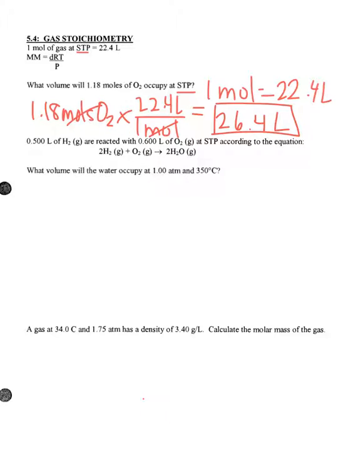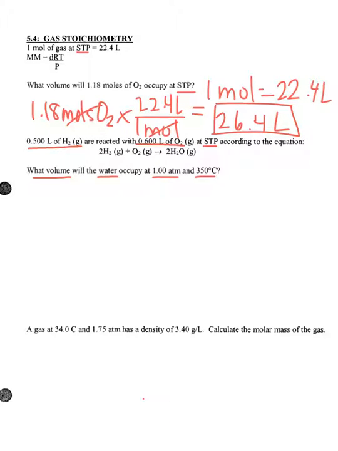So we have 0.5 liters of hydrogen gas reacted with 0.600 liters of oxygen. It's at STP. The question is, what volume will the water occupy at 1 atm and 350 degrees Celsius?